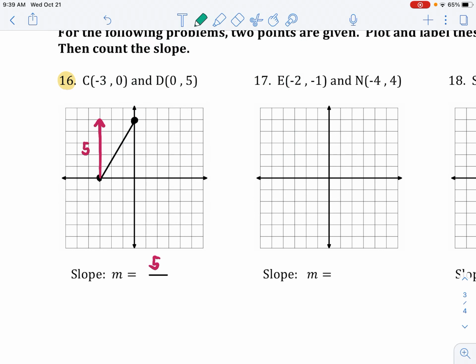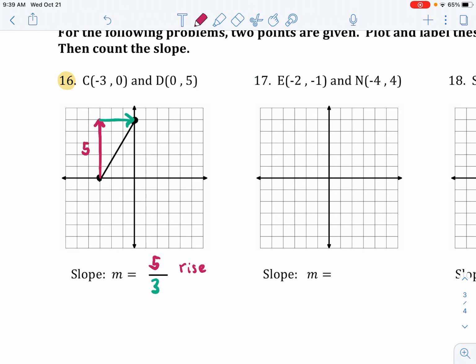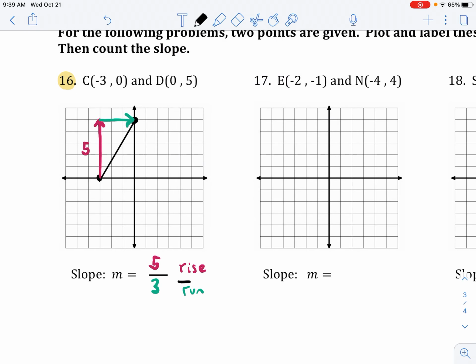And the run is over 1, 2, 3. So the slope is 5 over 3. Rise over run. And that is the RSG for 1.7.